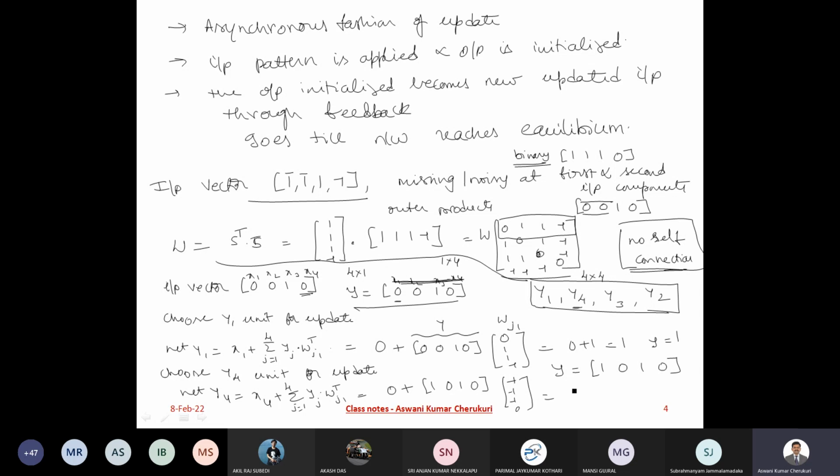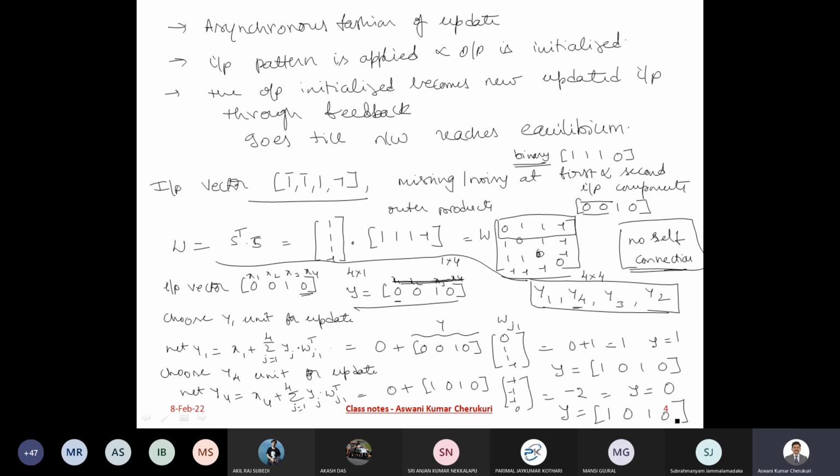So this gives you an input of -2, and hence it fetches the output of 0. With that, your y is going to be the same, 1 0 1 0.